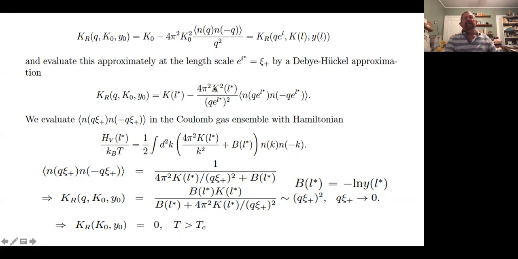But e to the L star is the correlation length, this psi plus. And we can evaluate this expectation value in the Coulomb gas ensemble with this Hamiltonian here.